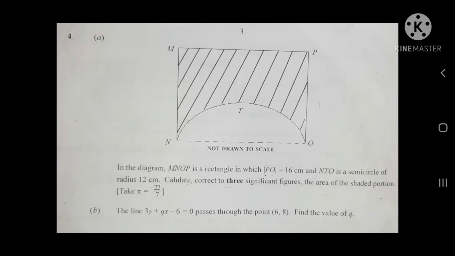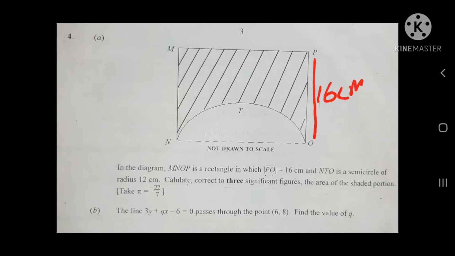Here is another question from the WASSCE Private 2020 last year. We have in the diagram, MNOP is a rectangle with PO a line of 16 centimeters, sorry.